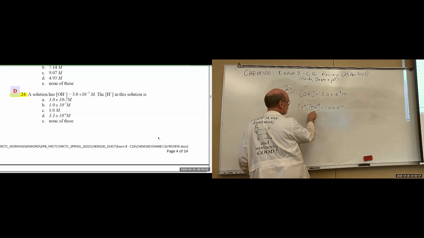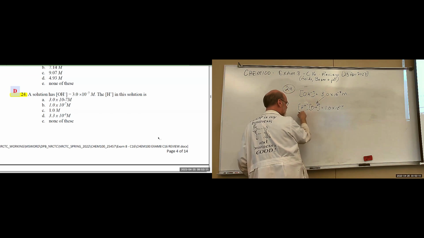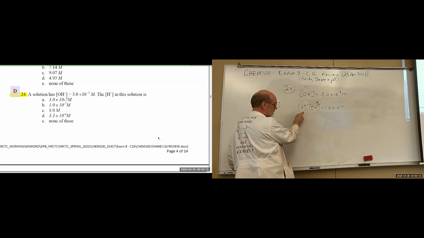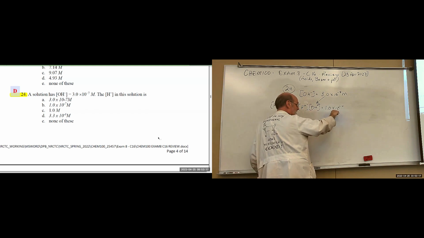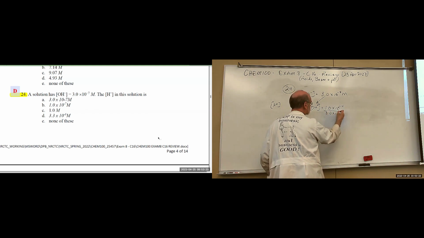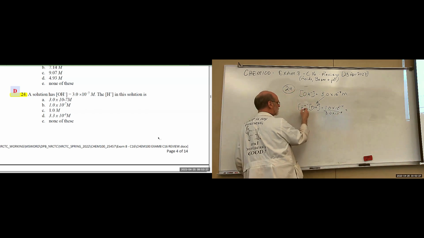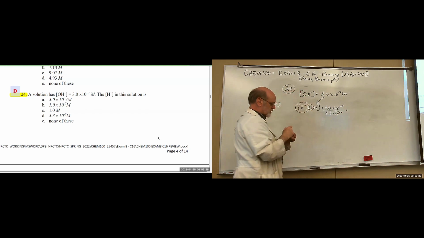We just plug the value in here. That means for this solution, we take this and divide it into that. So 1 divided by 3.0 times 10 to the minus 7 is equal to the hydrogen ion concentration.